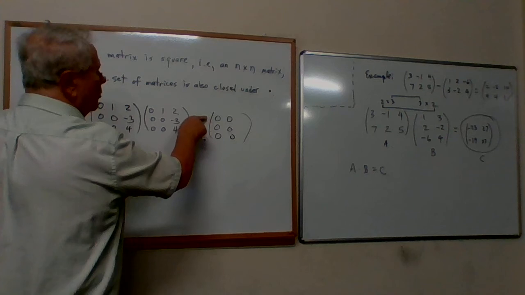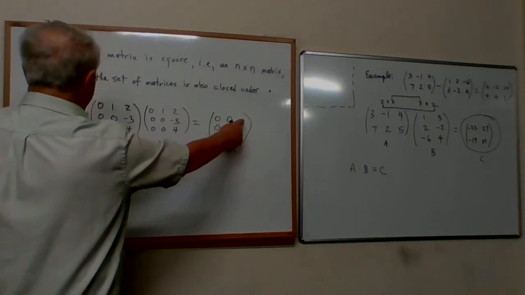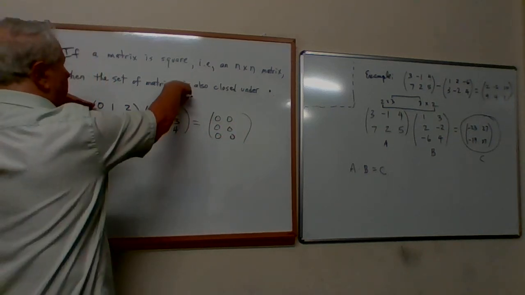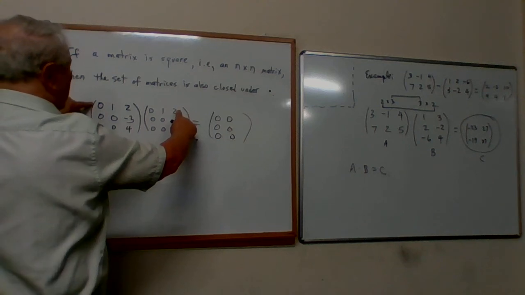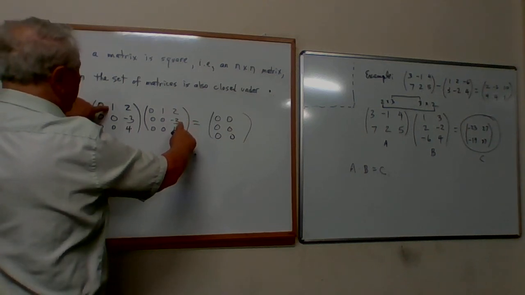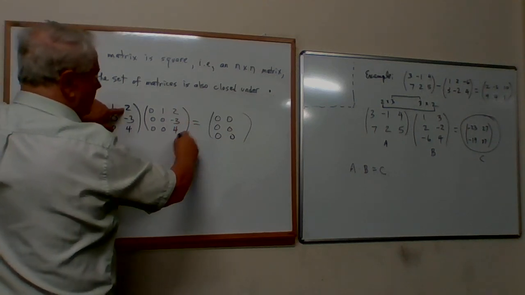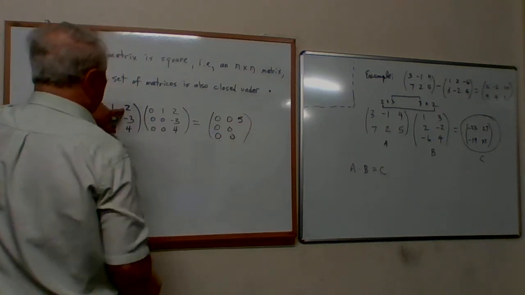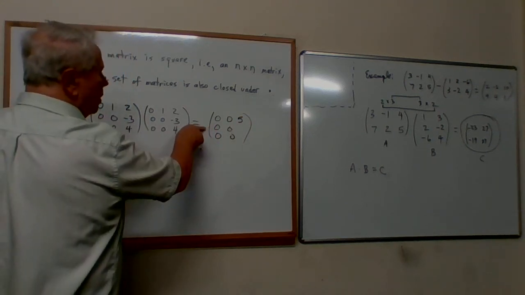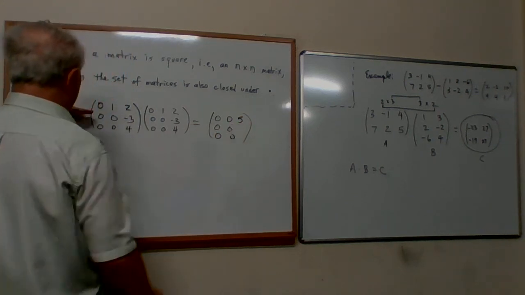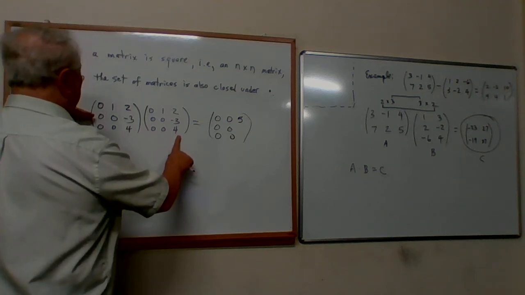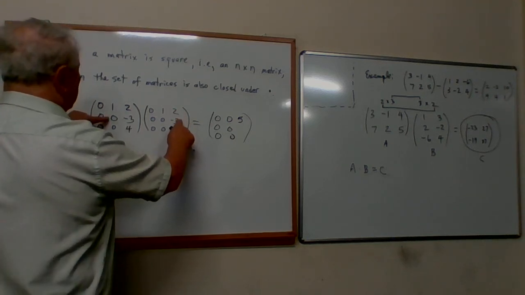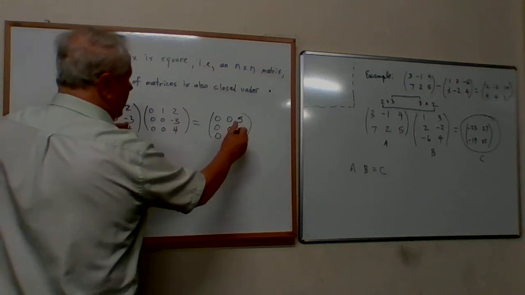Now, how do I get row 1, column 3? And the answer is I go to row 1, column 3. 0, negative 3, plus 8, which is 5. How do I get row 2, column 3? I go to row 2, column 3, and I get 0, 0, negative 12.